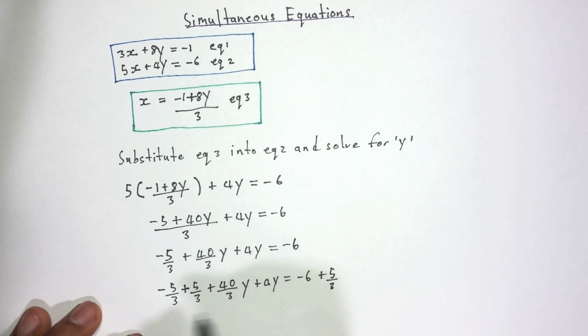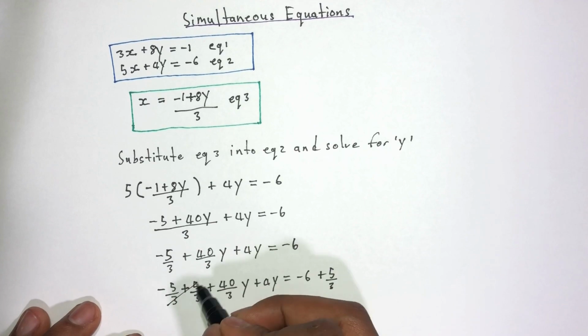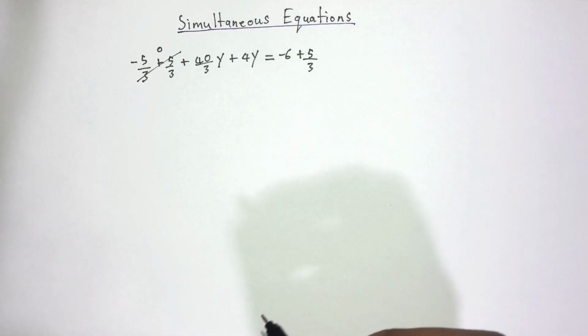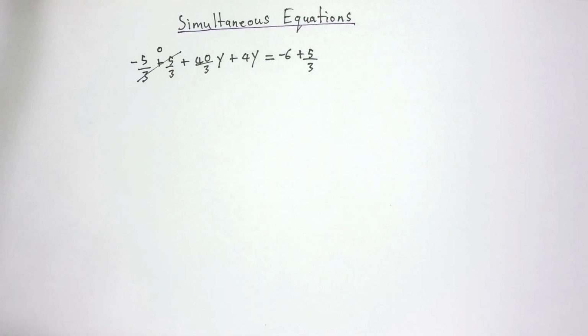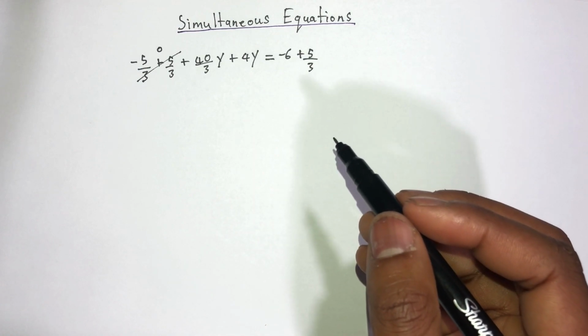And we know what we do on this side, we have to do on the other side as well. This leaves us with 0. And negative 6 plus 5/3 gives us negative 13/3.